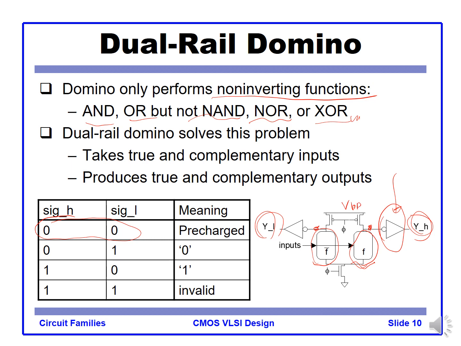So if the output becomes 0, it's in the precharging state, and when the input comes in, one of those two will stay high and the other one stay low. So the output will be evaluated. So either it can be 0.